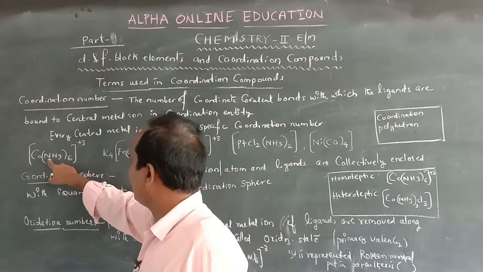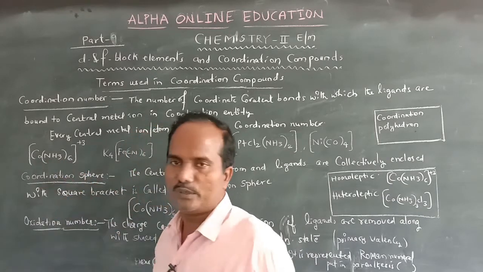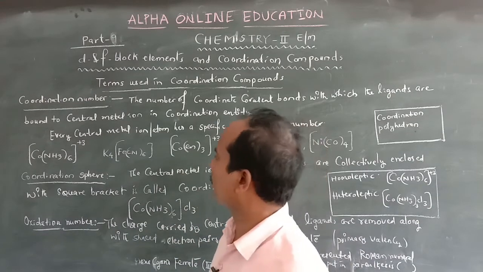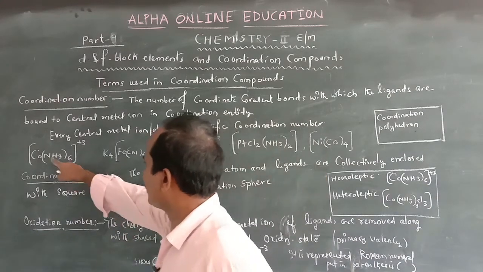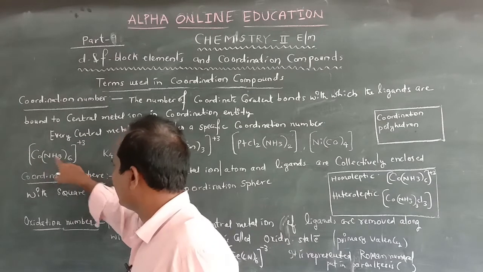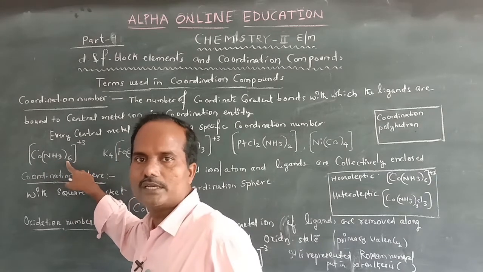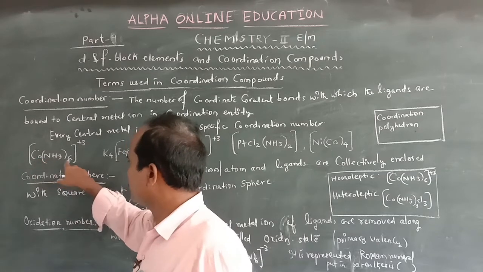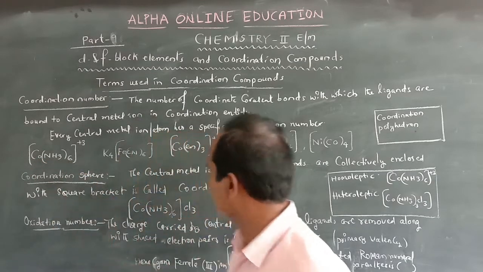The 6 ammonia molecules can donate 6 pairs of electrons and form 6 coordinate covalent bonds. 6 coordinate covalent bonds exist in this complex ion. That's why the cobalt coordination number in this complex ion is 6.